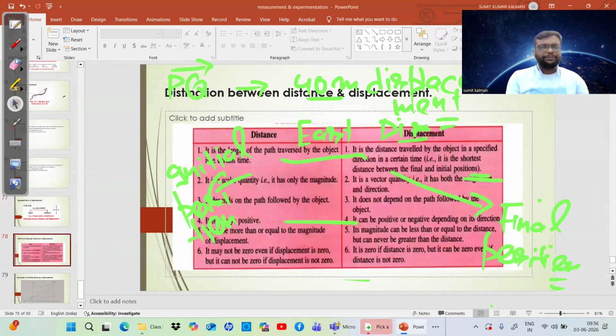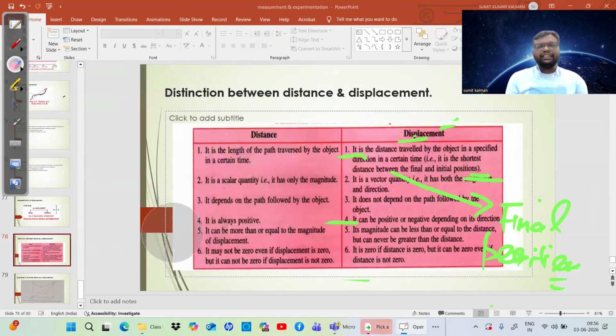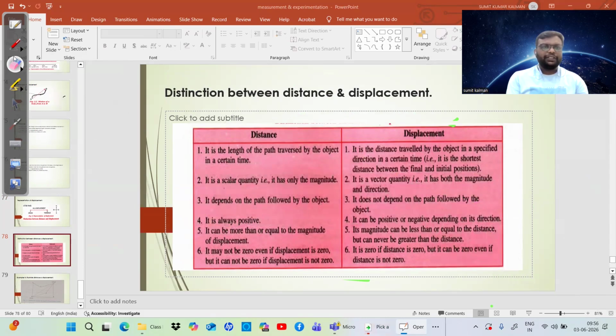Now next, we will see the distinction between distance and displacement. What is the difference between distance and displacement? Distance is the length of path traveled by the object in a certain time. Displacement is the distance traveled by the object in a specified direction in a certain time. So the difference is about direction, or in other words, it is the shorter distance between final and initial position.